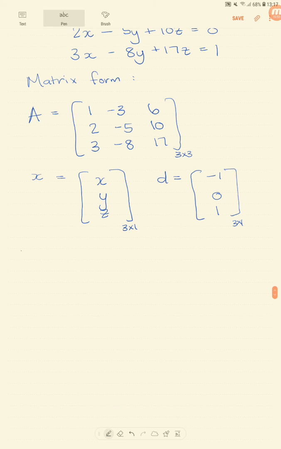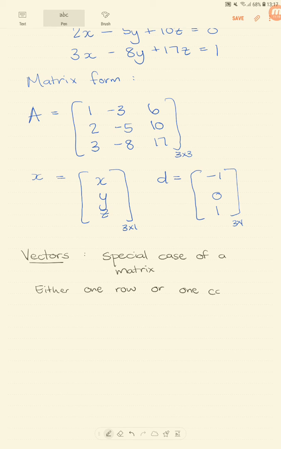The second part of this section is vectors. A vector is simply a special case of a matrix. A vector is either one row or one column.